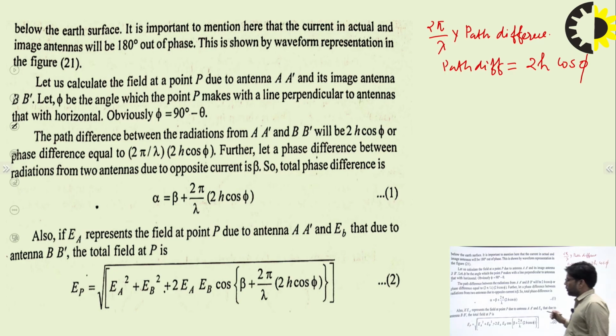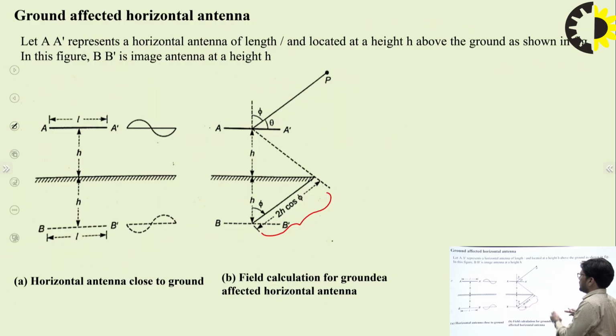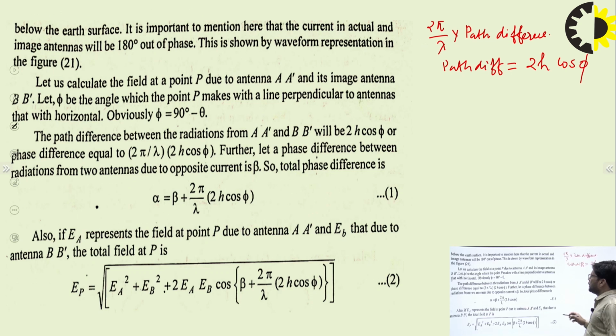And if I ask what should be the total path difference considering this figure, it is the path difference traveled by the wave from BB dash, and 180 degrees comes into the picture.